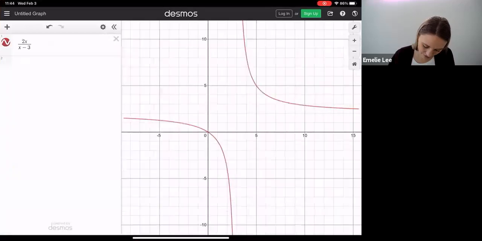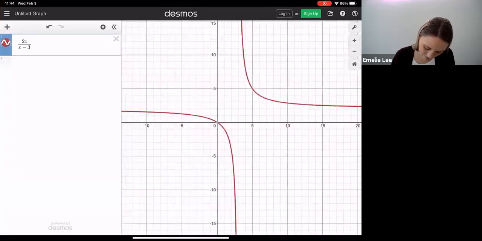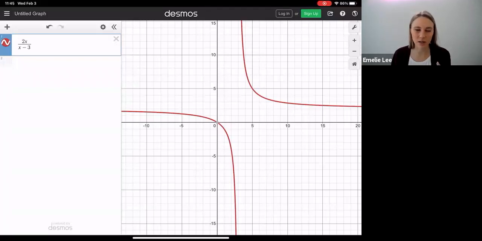So if I zoom out a little bit here, okay, it looks like as I approach 3, which makes sense because x minus 3 is in my denominator, I know x equals 3 is not in my domain. So I already know that there's something going on at x equals 3.